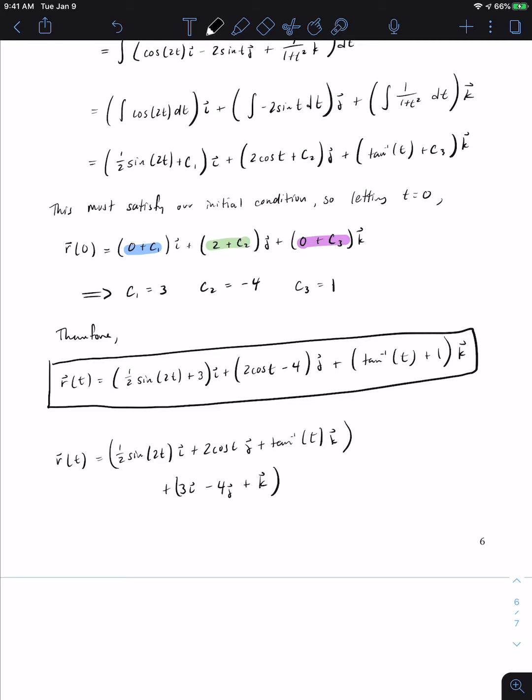This, in other words, is my c vector. That's my constant of integration. But it makes sense to write it like this, that I boxed off, better than writing it in the bottom. But just for our understanding, I figured it's nice to write out.